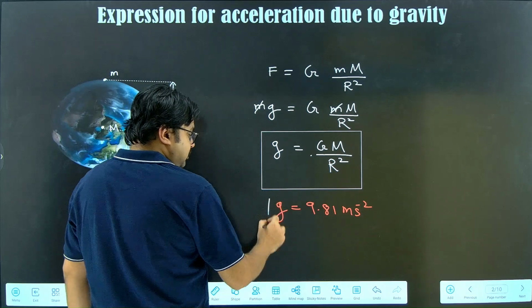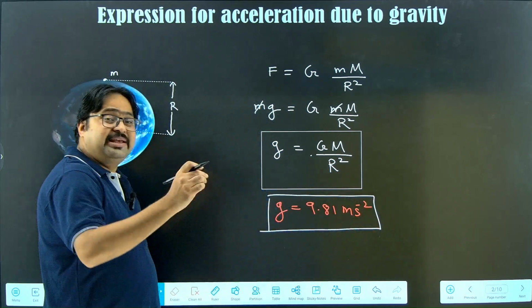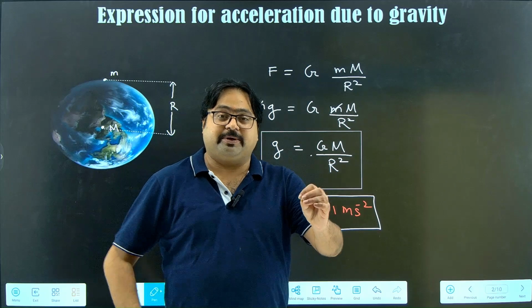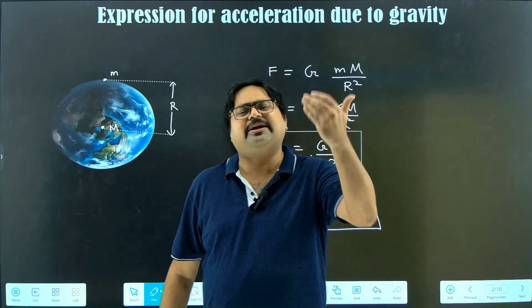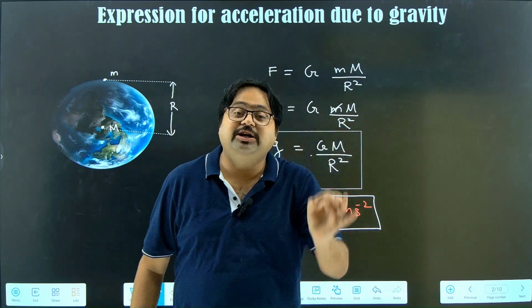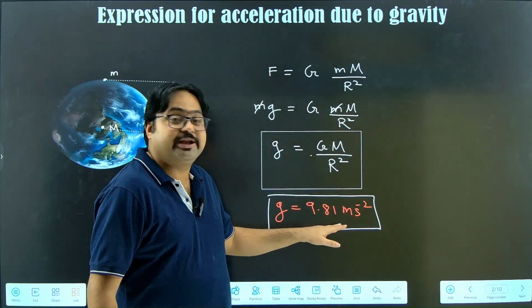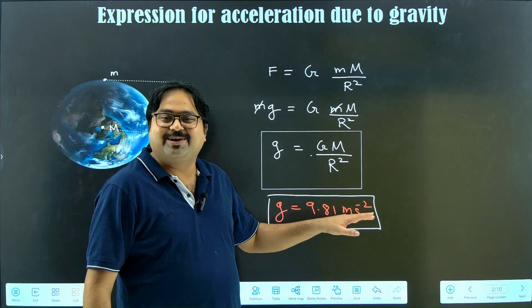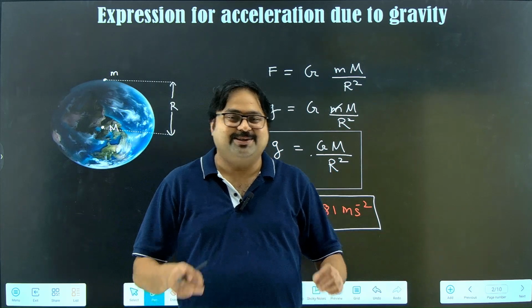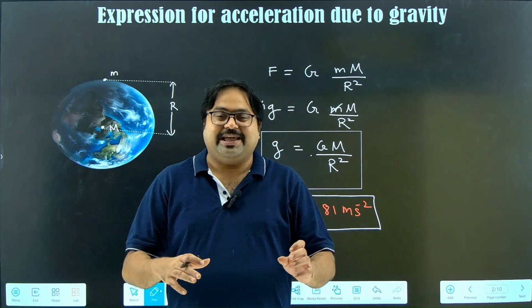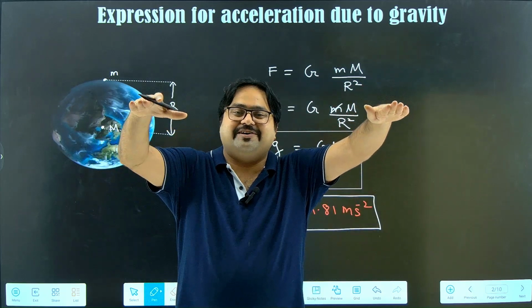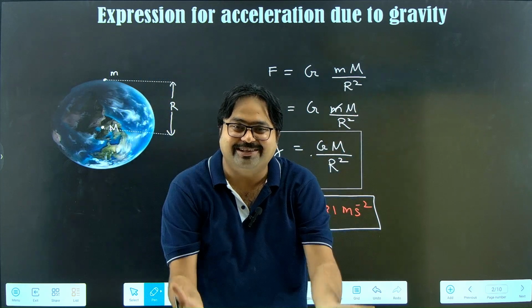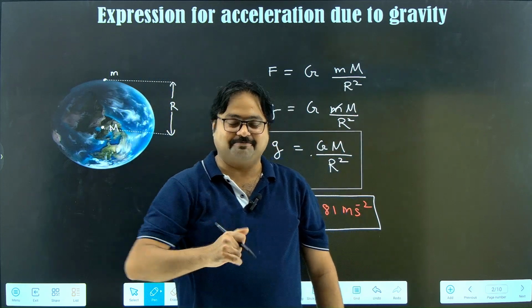What this means is, any body that is dropped at a point near the surface of the earth, irrespective of its mass, will fall to the surface of the earth at this rate, 9.81 meter per second square. To put it in simple words, in the absence of air, if you dropped a hammer and a feather from the same height, they would hit the ground exactly at the same time.